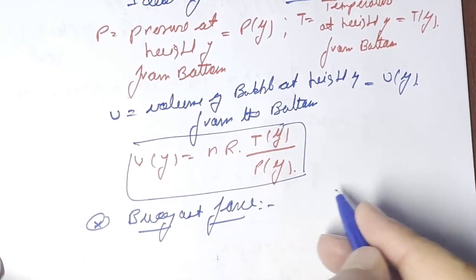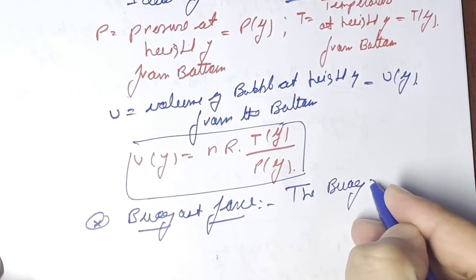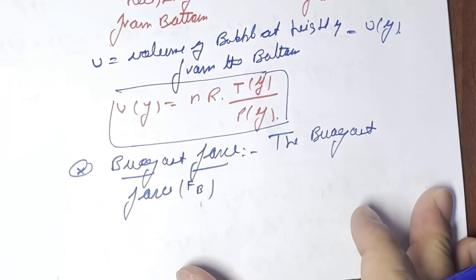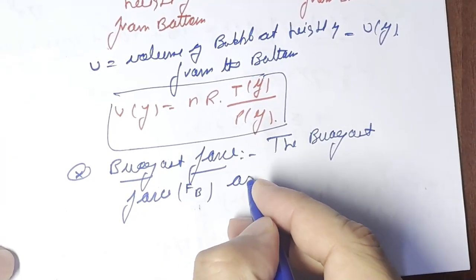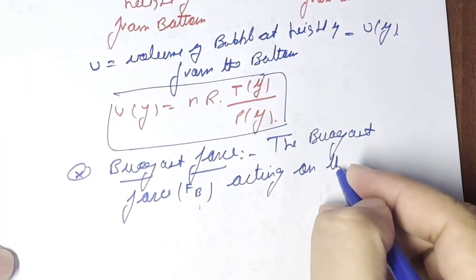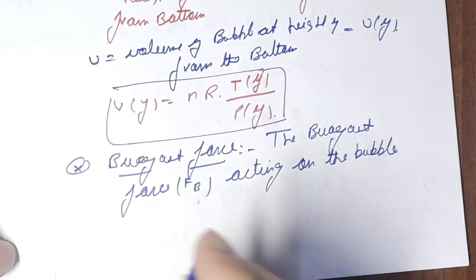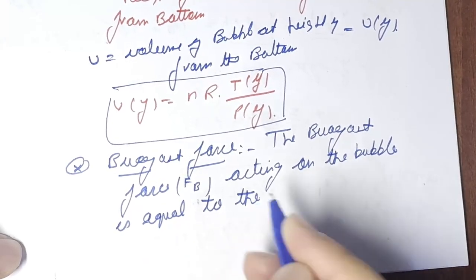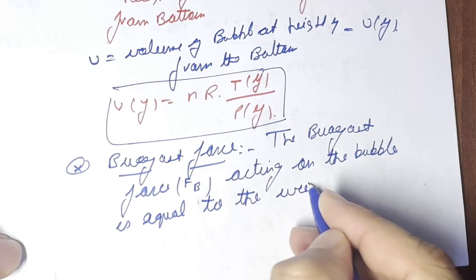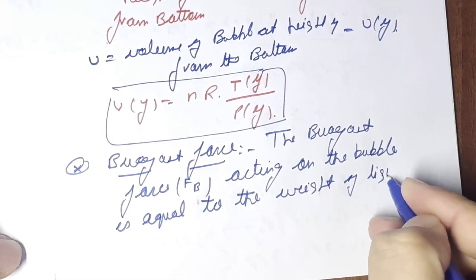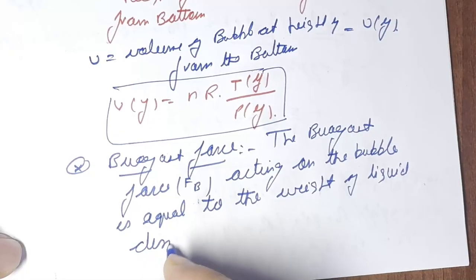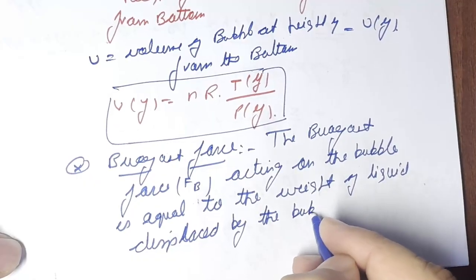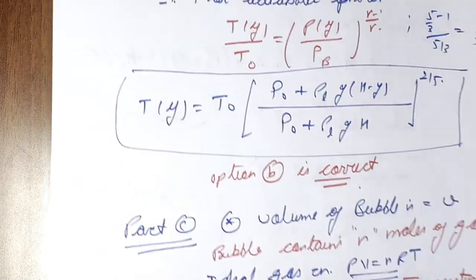So the buoyant force, if we represent it as FB, acting on the bubble, is equal to the weight of the liquid displaced by the bubble.